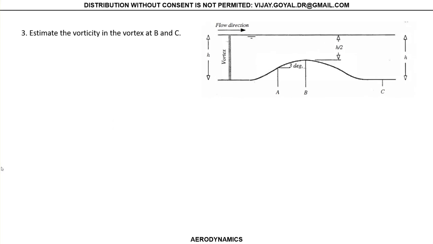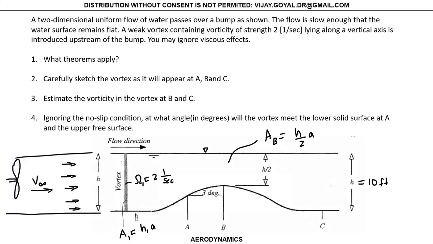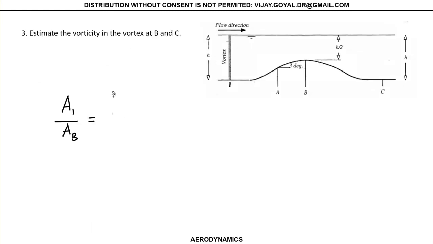Okay, so let's move to the second one. And now it says estimate the vorticity at point A and point C. So what we will have here is the following. First of all, calling this point 1, over B, I'm going to have this point right here is HA.